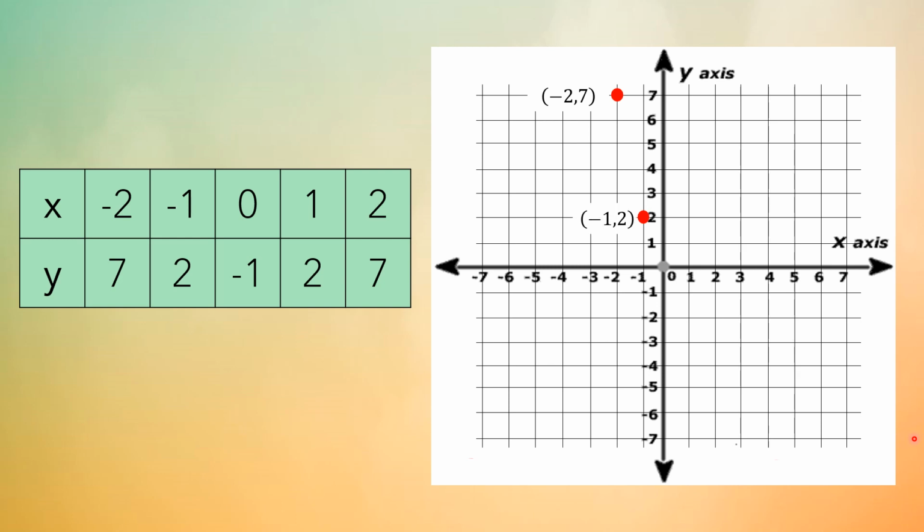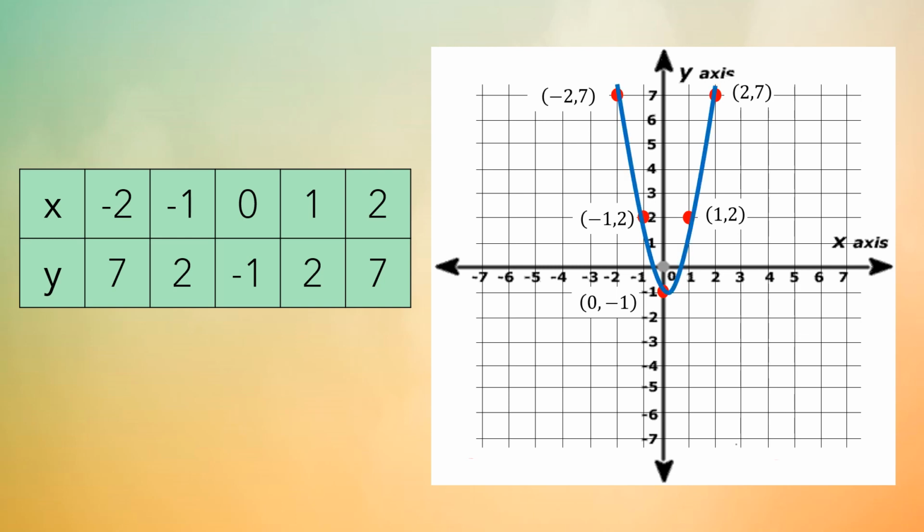Next is 0, negative 1, 0 of x and negative 1 of y. So magpo-fall siya sa eksaktong y-axis. And then next is positive 1, positive 2. So let us plot the point. And then last is 2 of x and 7 of y. And then name this as 2, 7.